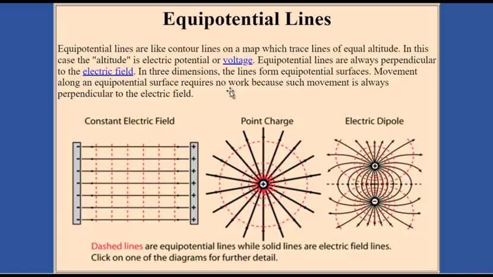This is going to be important because I'm going to show you an experiment I did to reproduce the isopotential lines in and around a spherical magnet. Equal potential lines are always perpendicular to the electric field. If these black lines are the electric field, these red dashed lines are the equal potential lines.